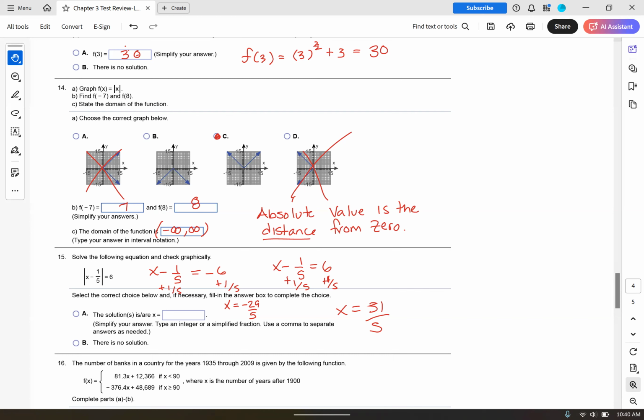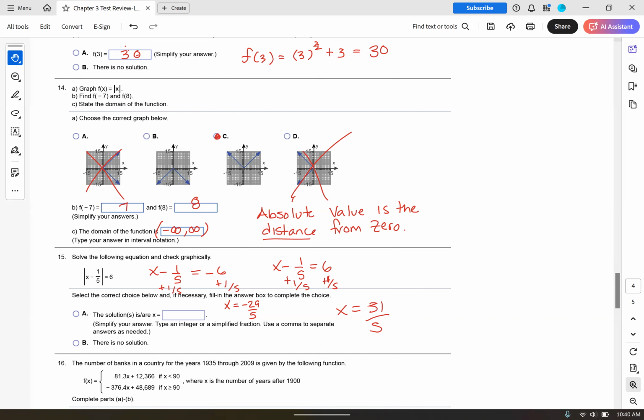But did you notice I got two answers? Now, let's go graph it. Let's show you that you get two answers. Okay, so I am going to graph the absolute value of, let's go clear that out, start over again. So math, number 1, and what am I graphing? X minus a fifth?